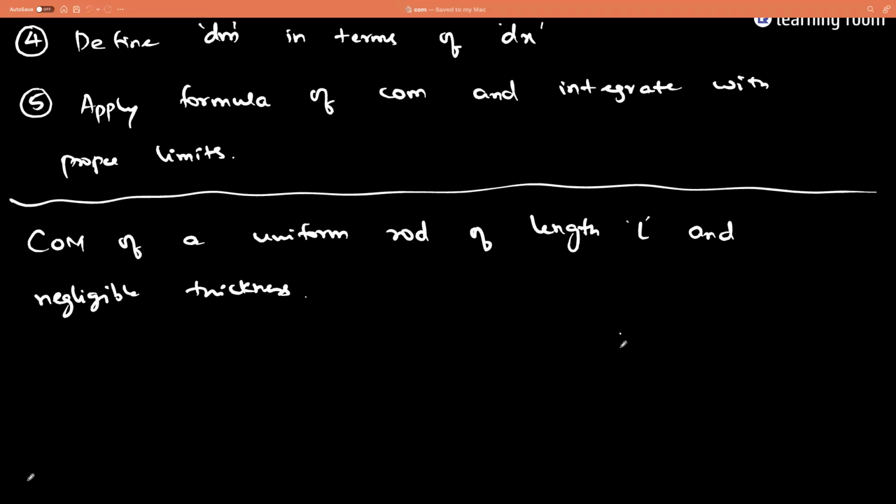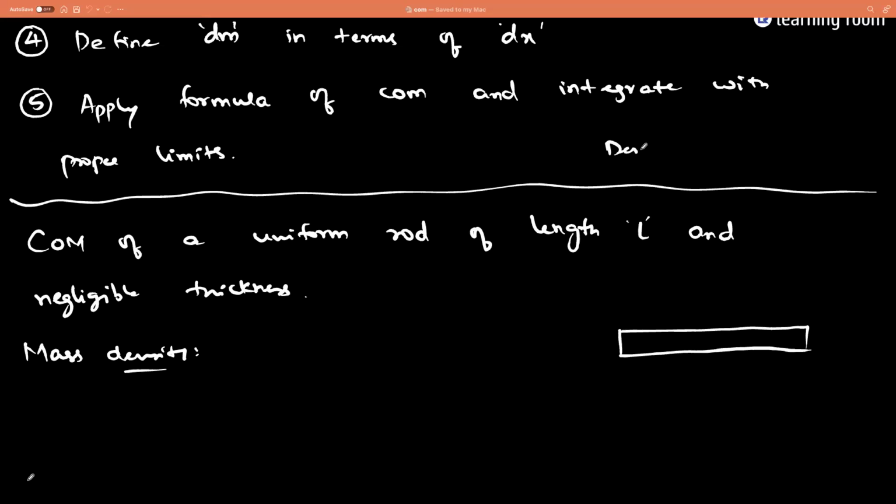If I take a rod of length L, then I can define the mass density. So I have to explain what this mass density is.